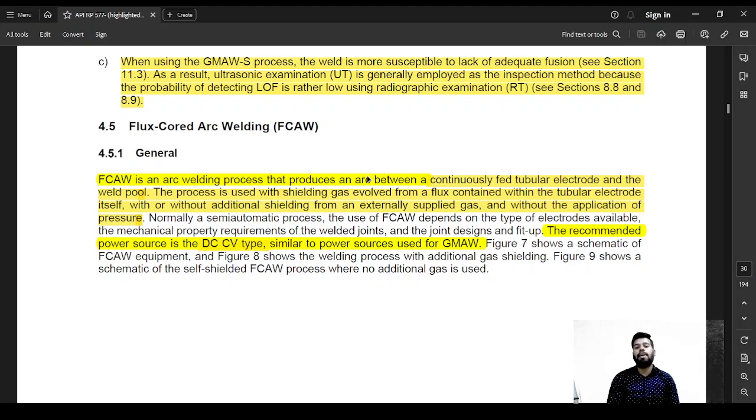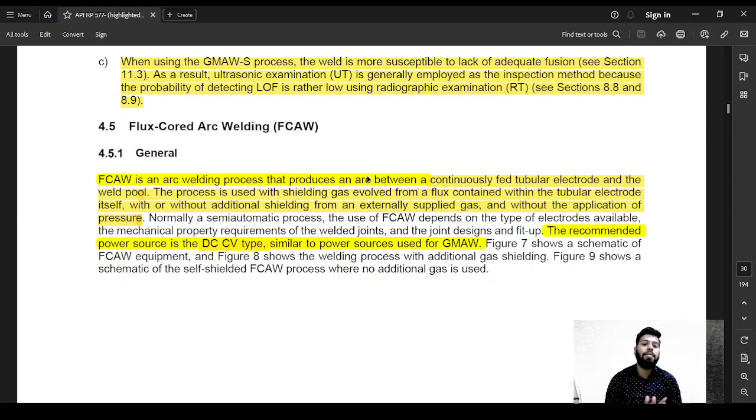Flux core arc welding is a process that produces an arc between a continuously fed tubular electrode and the weld pool. The process consists of a shielding gas evolved from the flux contained within the tubular electrode itself, or with additional shielding provided by an externally supplied gas, and without the application of pressure.